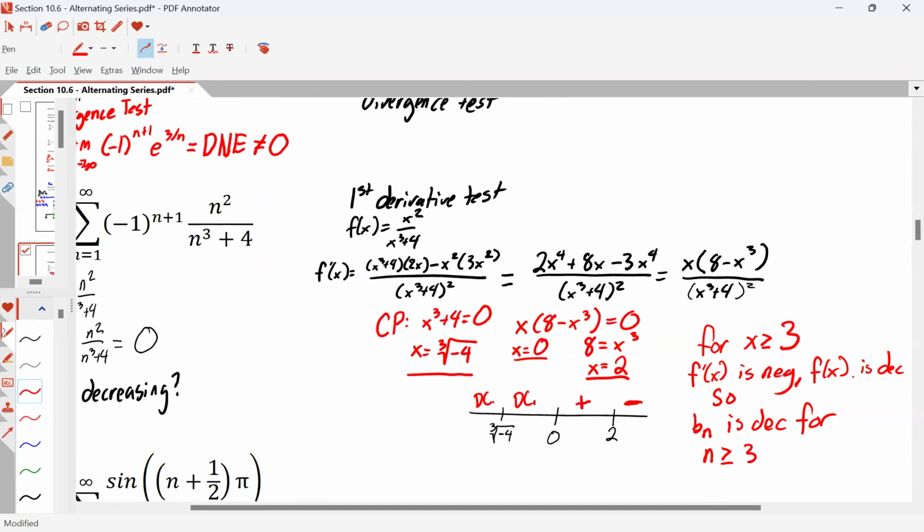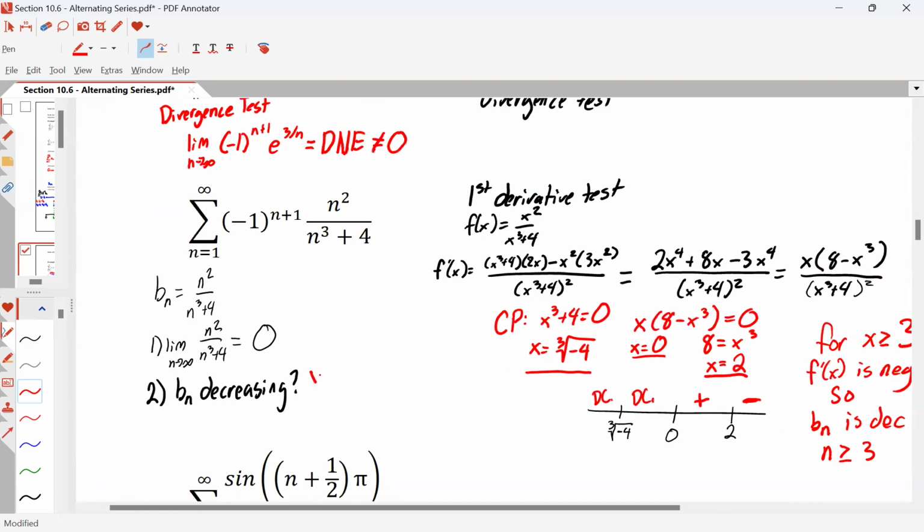So first derivative test worked. Had a few things we needed to worry about, but in general, for values bigger than 2, our sequence is decreasing. So yes, this is true as well. The limit is 0 and the sequence is decreasing.